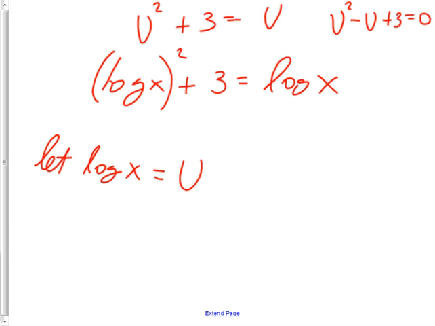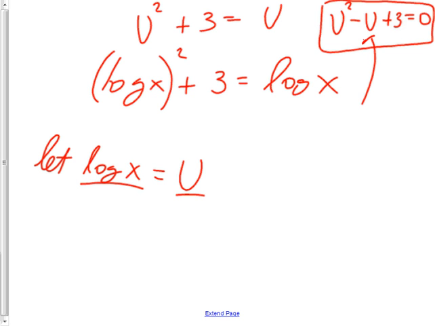Okay, good. All right, so in this case, we let u equal this, and we end up with a nice simple equation right here, which we can solve, and we've made our life simpler. And at the end, though, we've got to pay back our debt. We made it easy by saying log x is u. We've got to undo that at the end. So did you solve this?